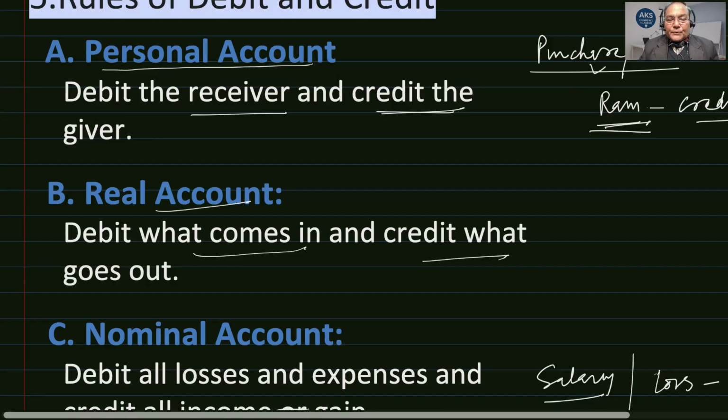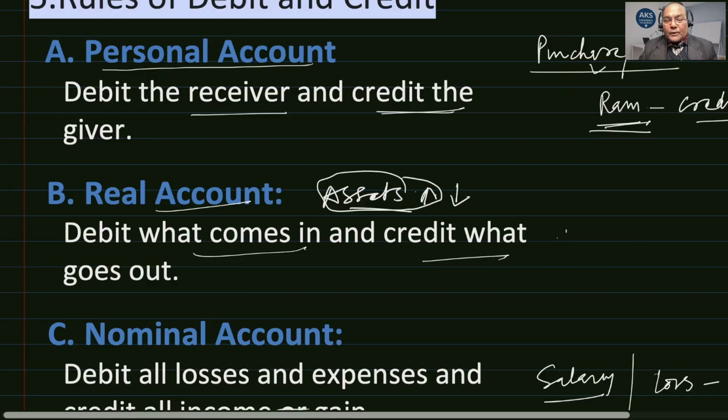Now when it comes to real account, we have already discussed this. Real account is assets, so there is any increase or decrease in assets. How are we going to enter an increase in asset? We need to debit that because it shows a debit balance. Supposing furniture is bought by the business for its business purpose.